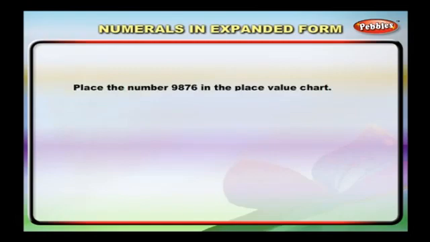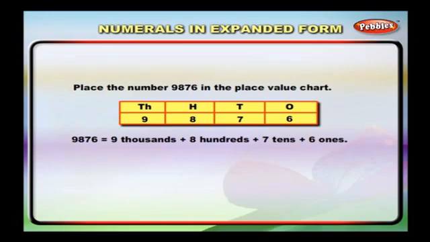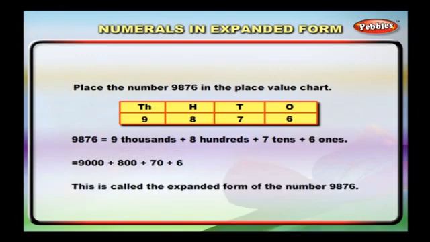Place the number 9876 in the place value chart. 9876 is equal to 9 thousands plus 8 hundreds plus 7 tens plus 6 ones, which is equal to 9,000 plus 800 plus 70 plus 6. This is called the expanded form of the number 9,876.